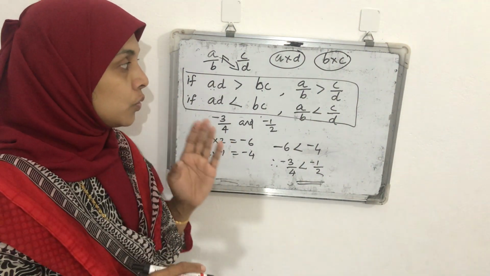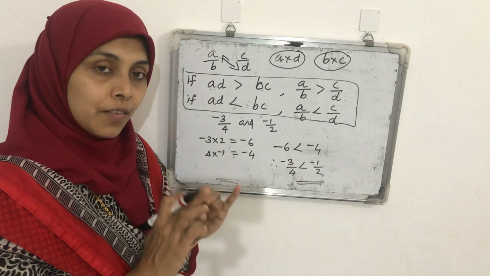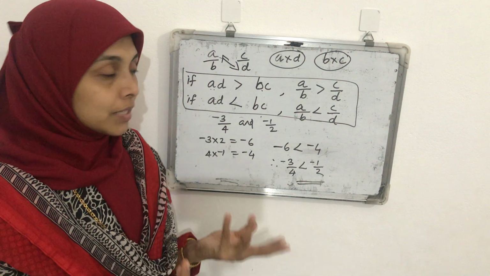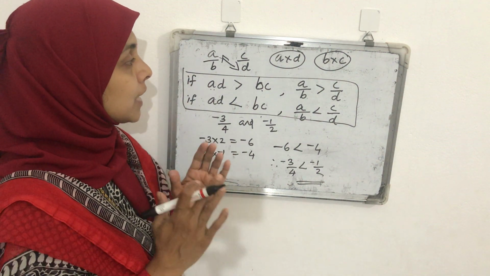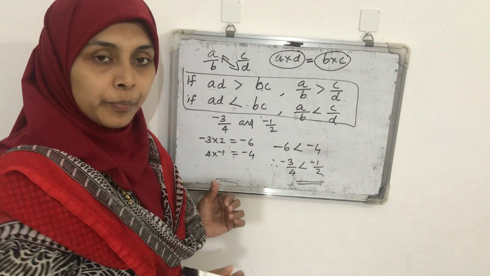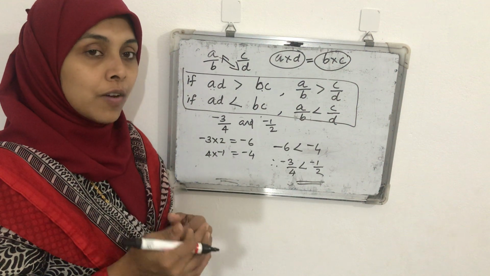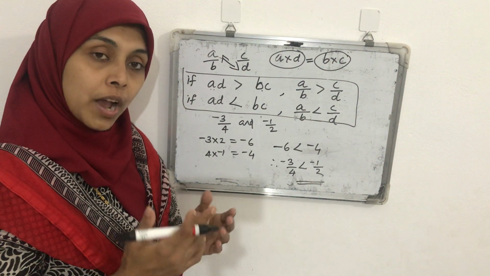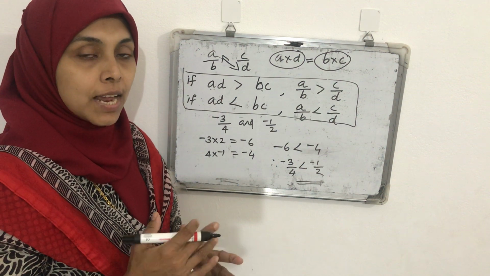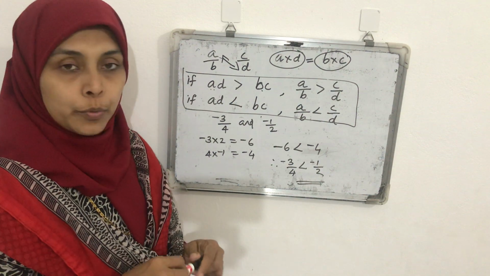Using the cross product, first we can check whether the given two rationals are equivalent or not. If both rationals are equivalent, we can write A into D equals B into C. Also, we can use the cross product for comparing two rationals, to find which rational is greater or smaller.